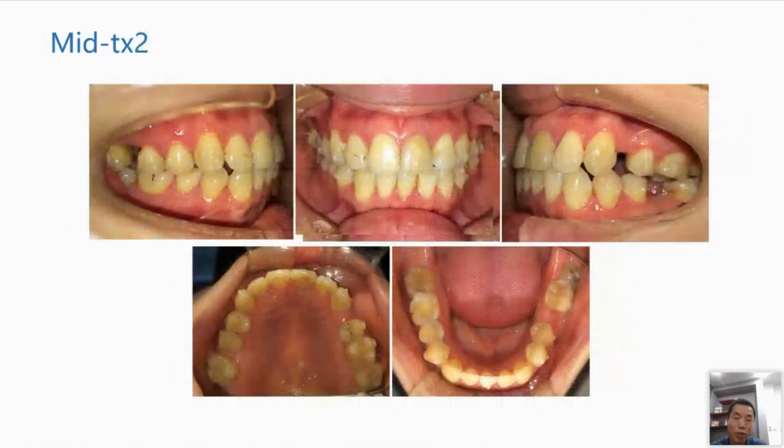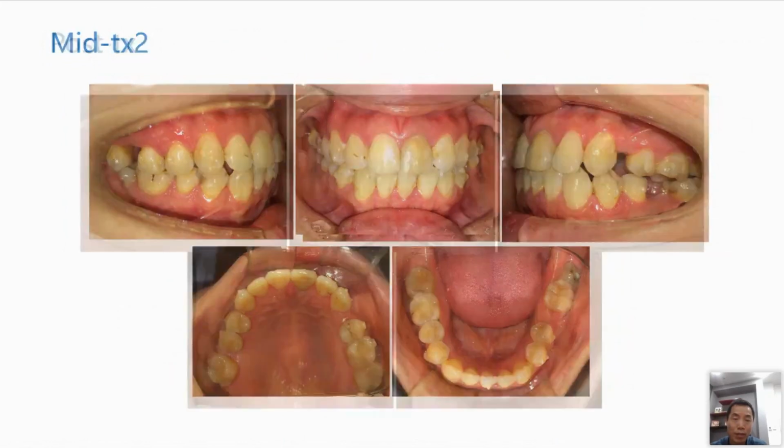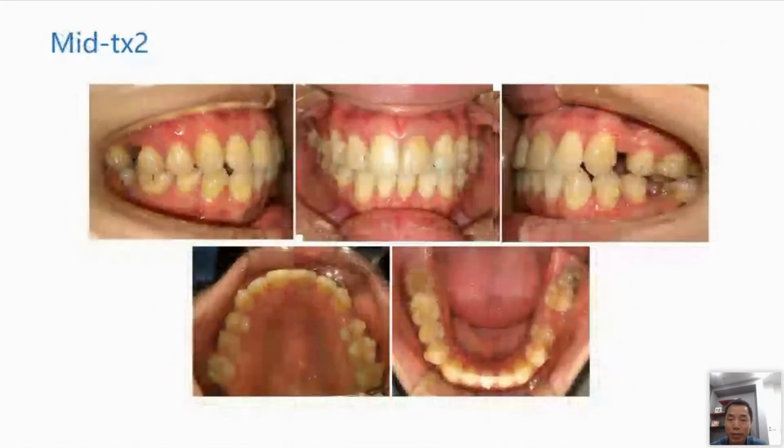We just stopped changing the upper aligner and retained the current aligner, and the lower proceeded as usual until the occlusal interference was relieved in natural occlusion. So the occlusion became better.